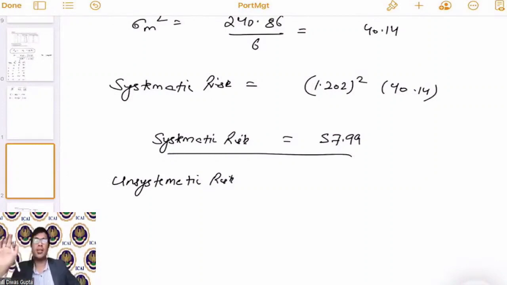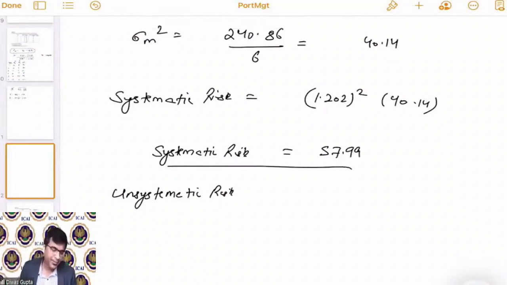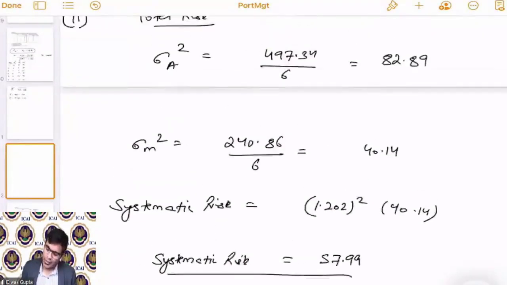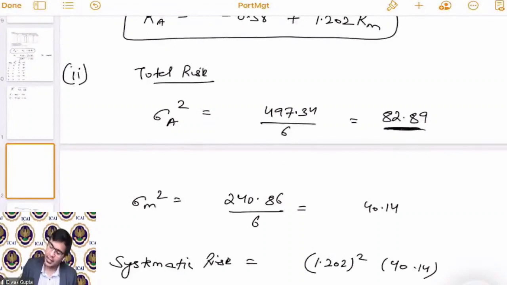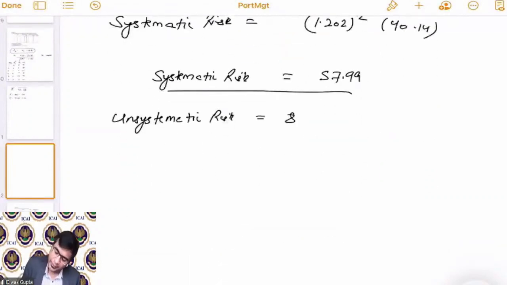Always do all the operations, whether it is plus, minus, or whatever it is, on the total value, which I am also putting here. So the total risk, which is the variance, correct, is 82.89 minus 57.99. So this comes as 24.9.